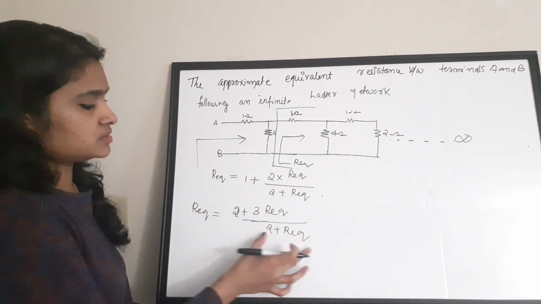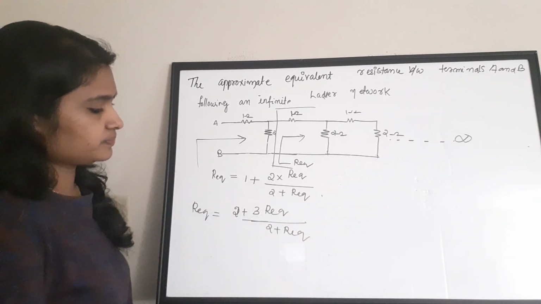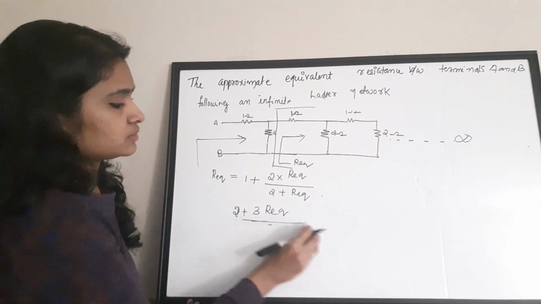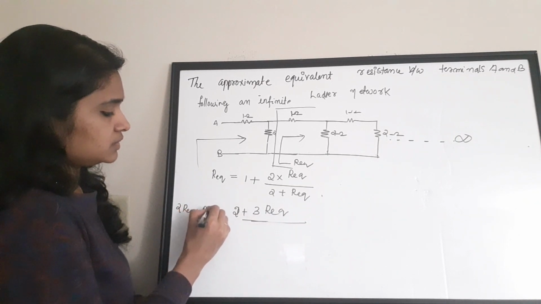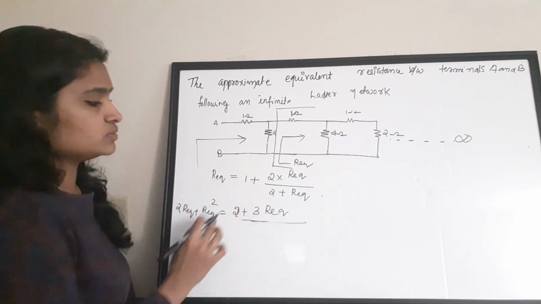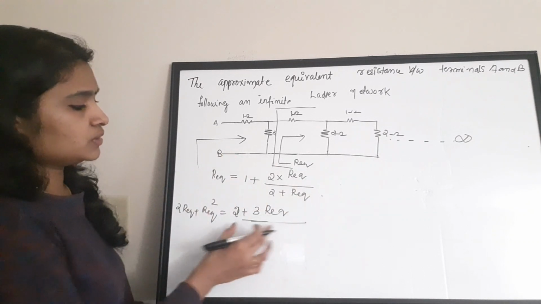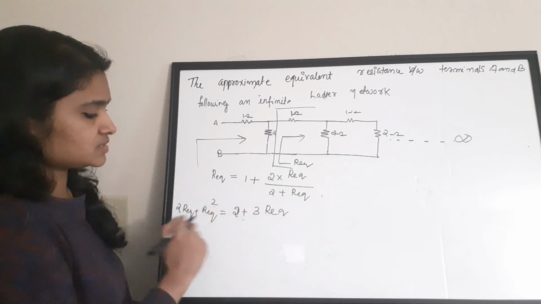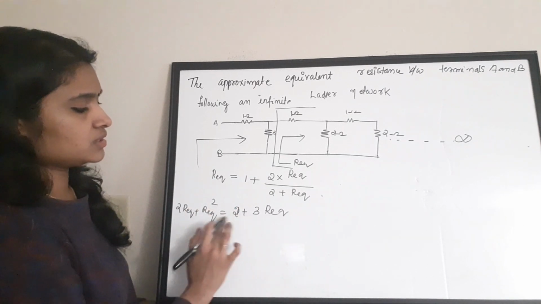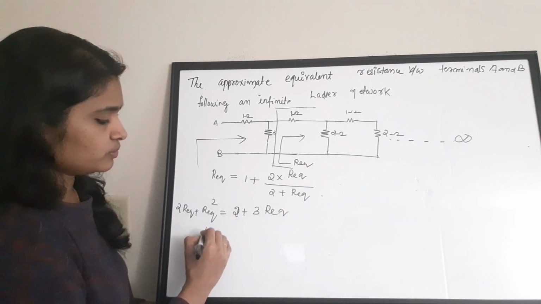Okay, now take this and cross multiply with this one. You will get 2 Req plus Req square is equal to 2 plus 3 Req. Now take this much, that is 2 plus 3 Req, to this side. So I'm going to rearrange and also write in a standard form.